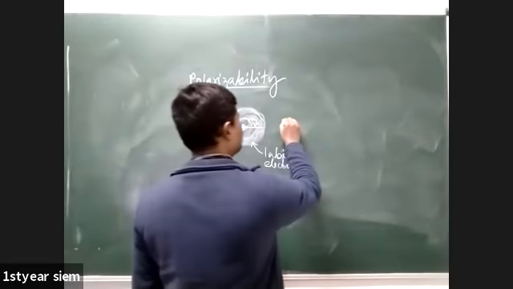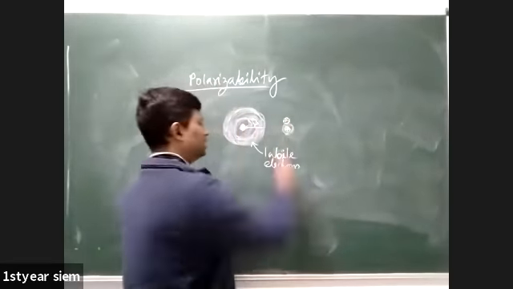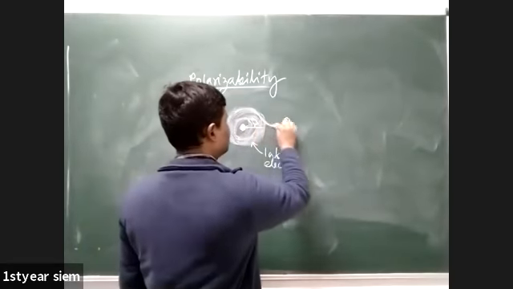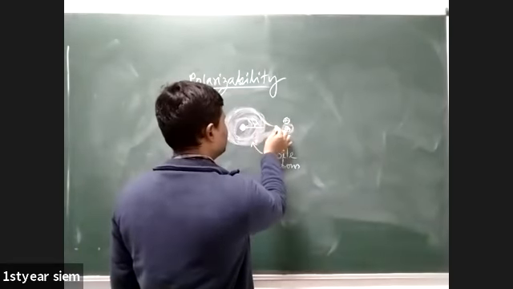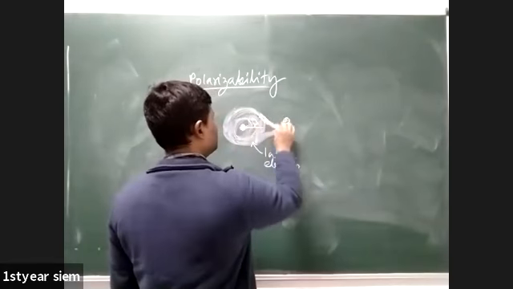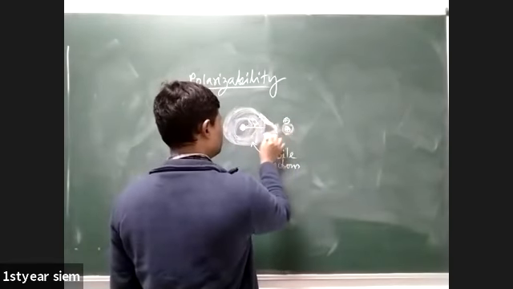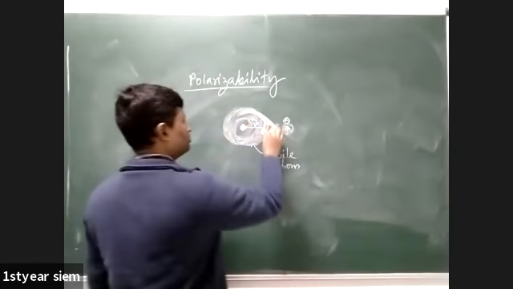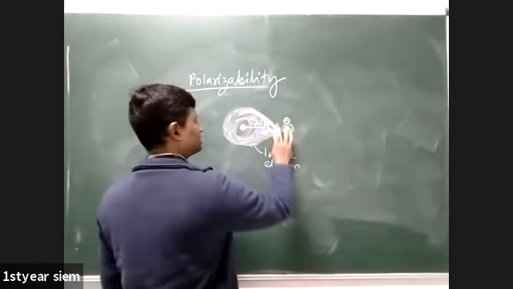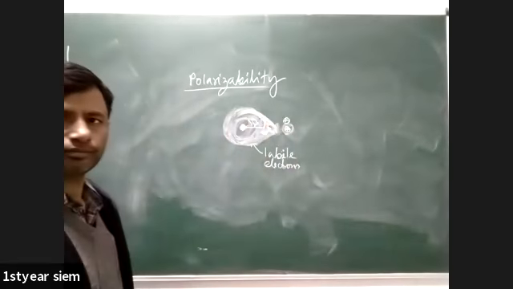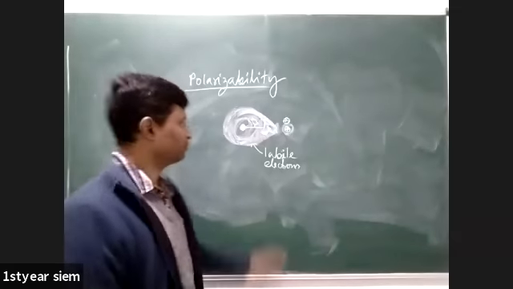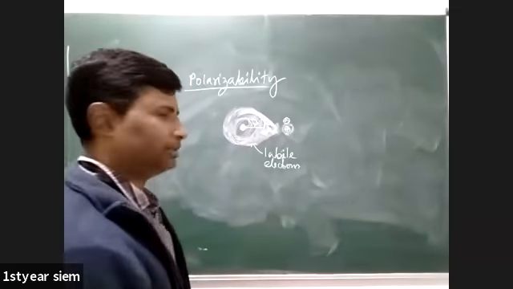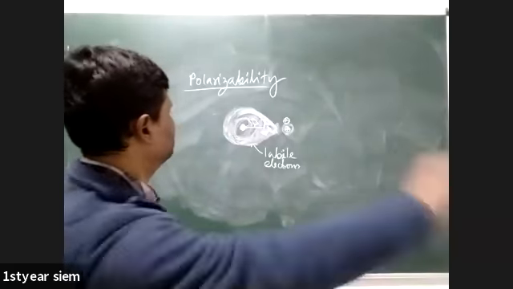If it is positively charged, it will attract the electrons towards itself. The electron cloud will shift to that atom because it attracts the electron cloud, and this phenomenon is called polarization.